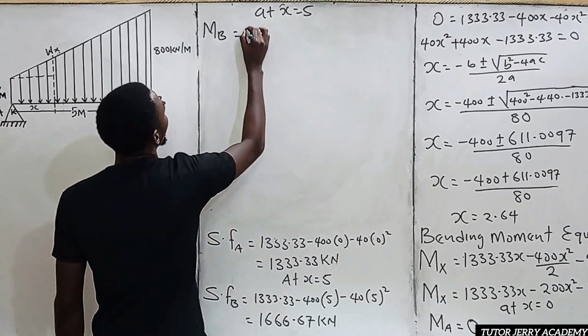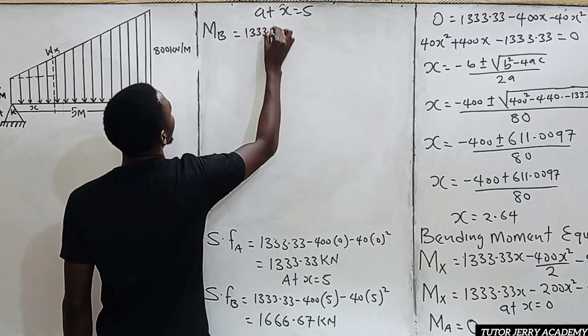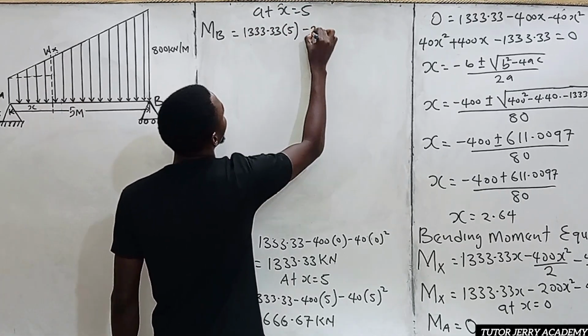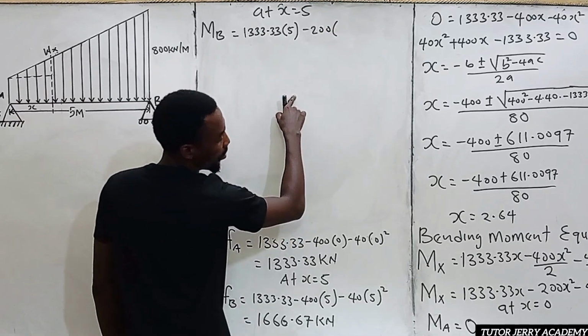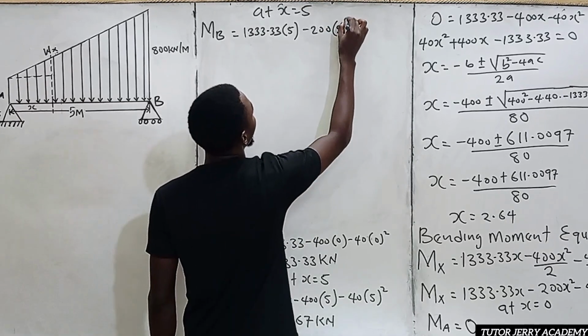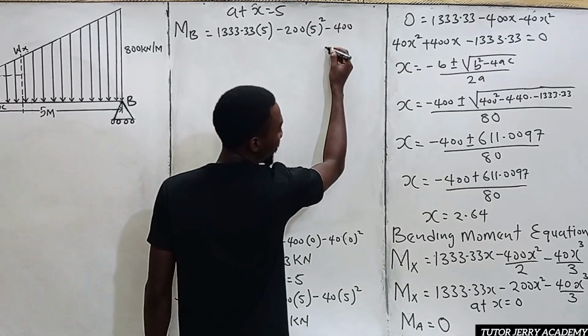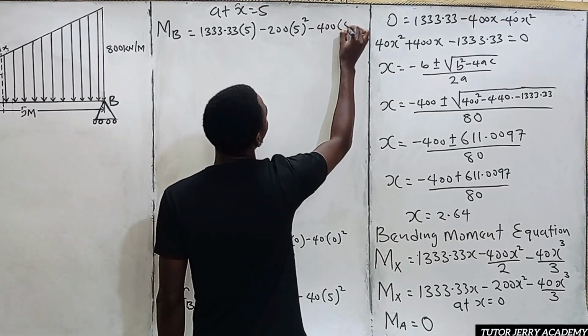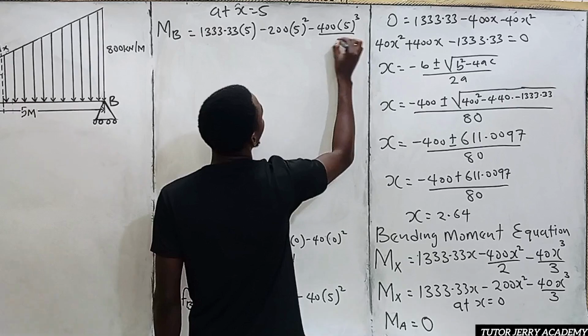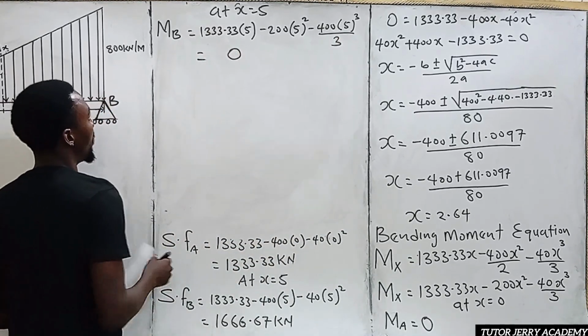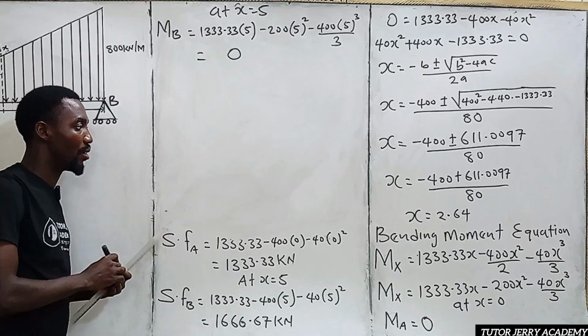So it's going to be 1333.33 into 5, then minus 200 into 5 squared, then minus 40 into 5 cubed all over 3. If you do this, you are going to have 0 as well. So that's what you are going to have.